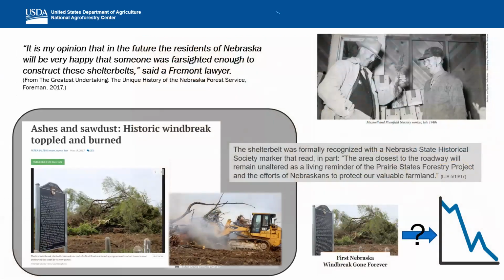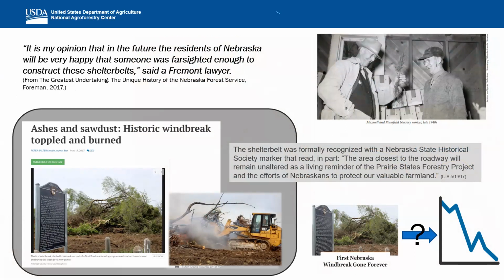So from the Nebraska Forest Service's historical book that they released recently, a Fremont lawyer was quoted saying, "It is my opinion that in the future, the residents of Nebraska will be very happy that someone was farsighted enough to construct these shelter belts."